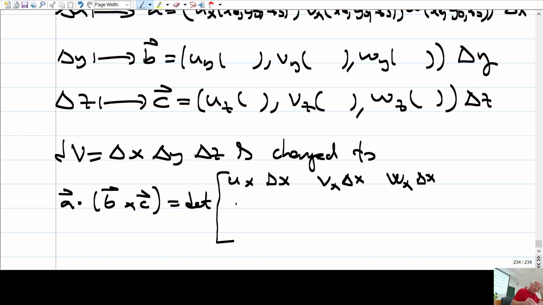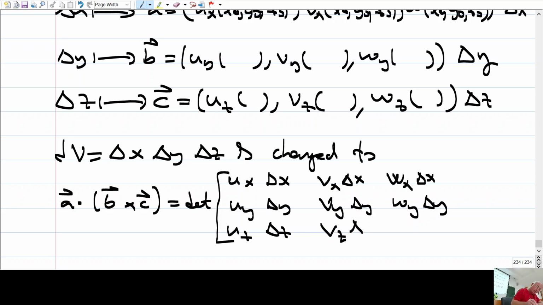The vector B is u sub y delta y, v sub y delta y, w sub y delta y, and then u sub z delta z, v sub z delta z, and w sub z delta z.